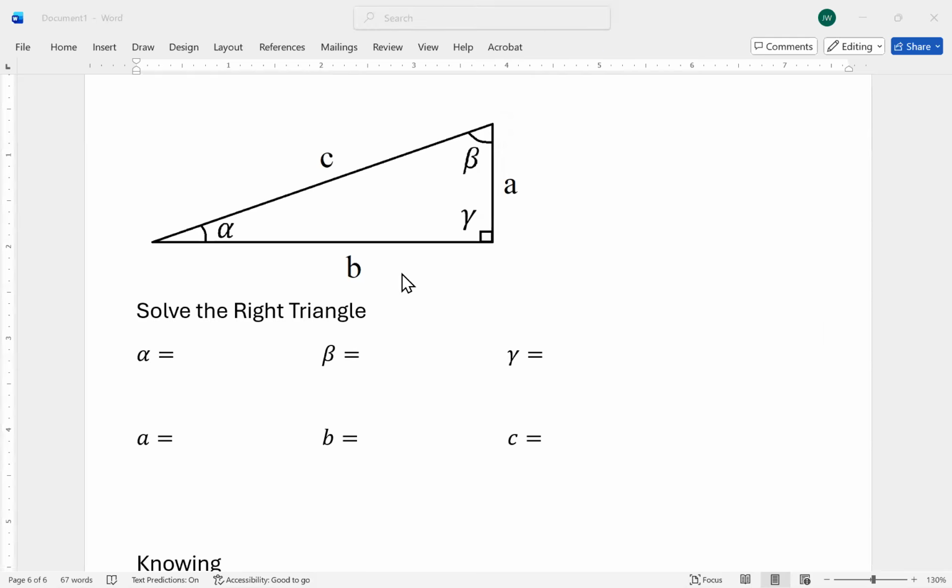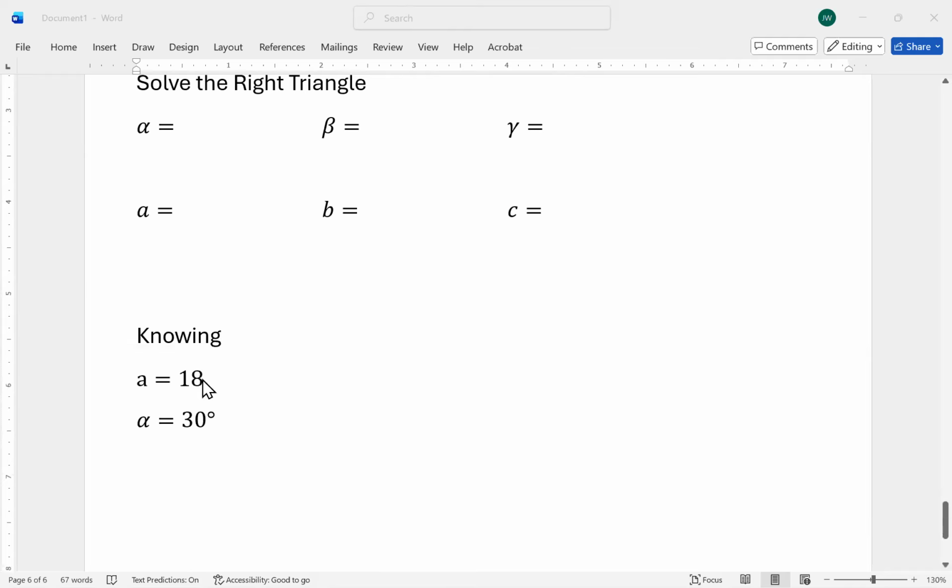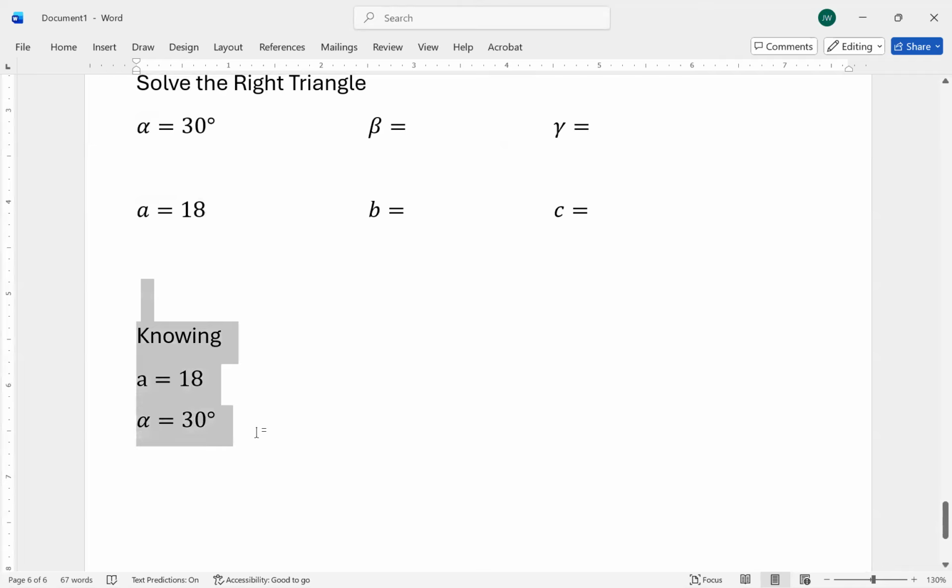All right, so let's go ahead and do this one. Solving the right triangle means that I come up with every single angle and with every single side length. So I need to find alpha, beta, and gamma, and I also need to find A, B, and C. We're given that A is equal to 18 and alpha is 30 degrees, and we need to find all of the rest.